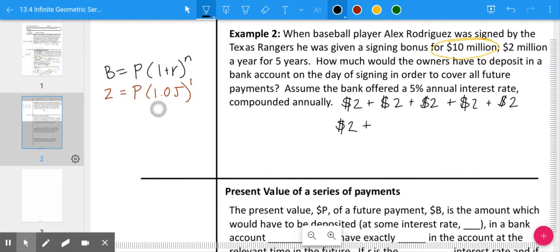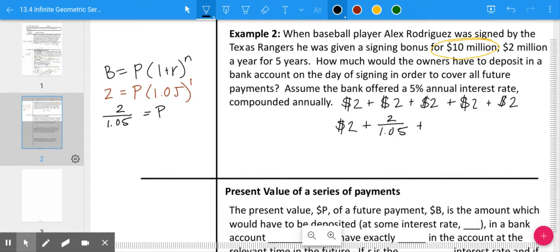The amount of money I need today is whatever this gives you, 2 divided by 1.05. If I take the 2 million that I need next year and I divide it by 1.05, that'll tell me how much I need today. Because how much I need today times 1.05 would give me 2 million next year. So we can write this as 2 over 1.05.